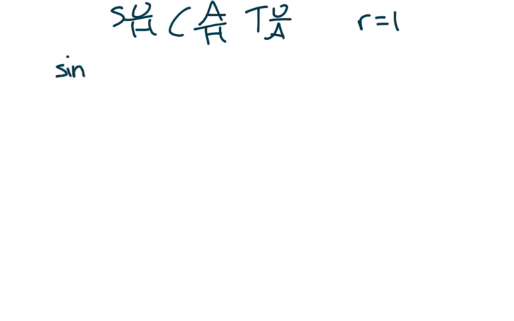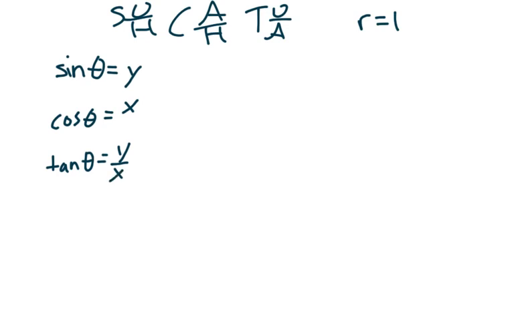So this means that sine of theta, which is normally y over r, is now just y. Cosine of theta is normally x over r, now it's just x. Tangent of theta stays the same, so this is y over x.